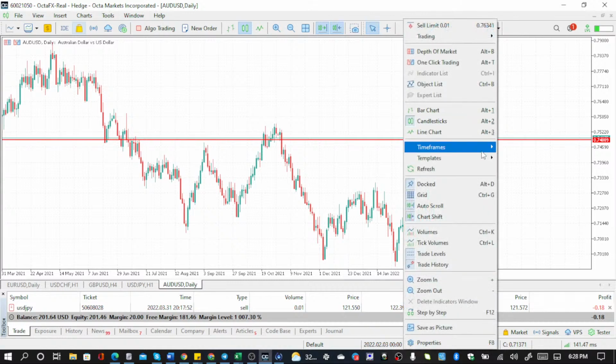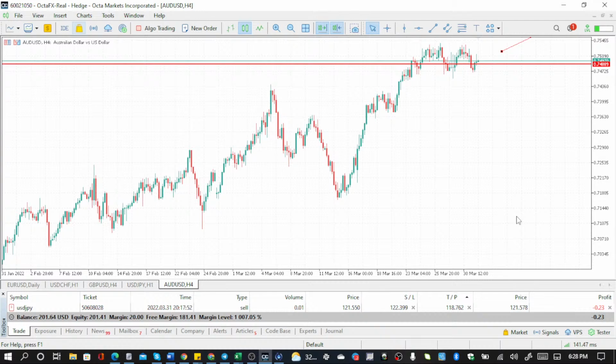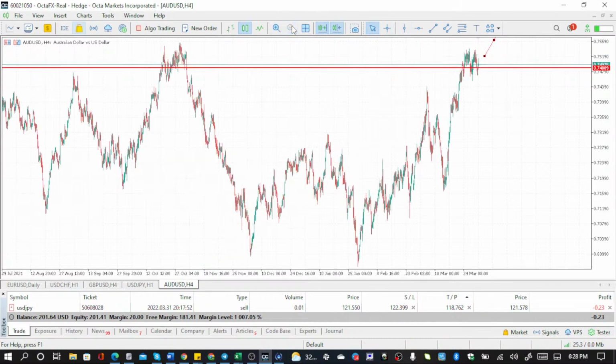Now let's go to the 4 hour time frame for clearer information. Now if you go to the 4 hours, you see something different happening, a clearer view. Price went up, came down, went up around this level.